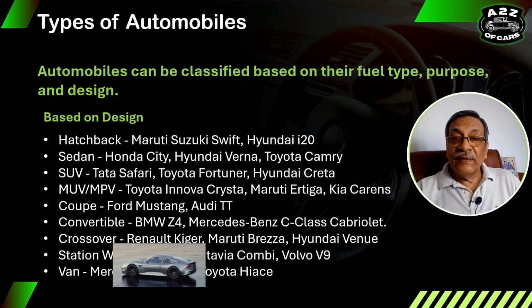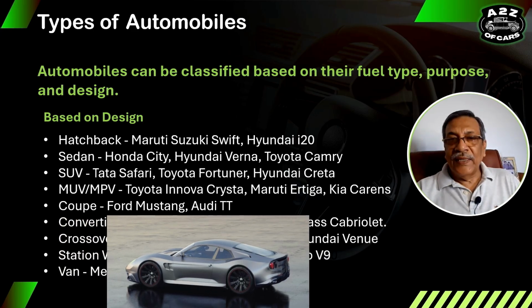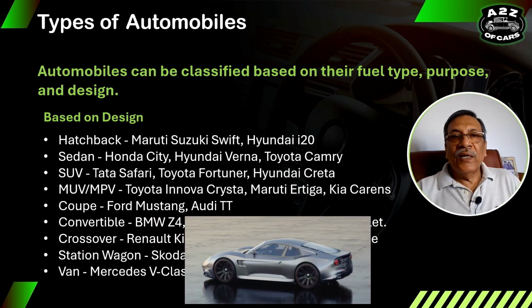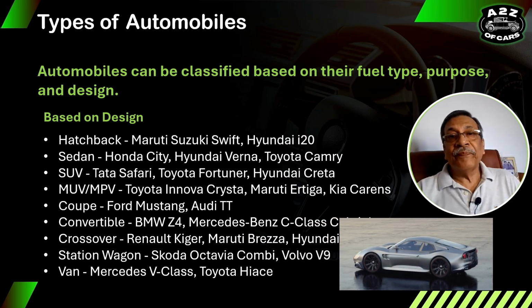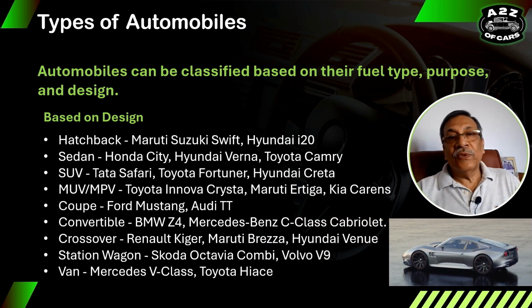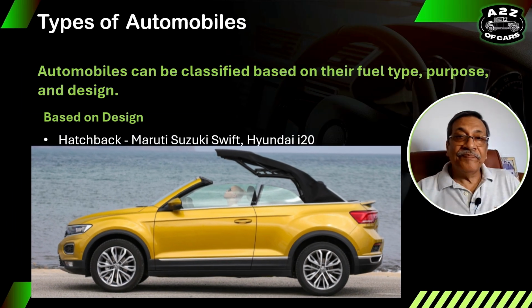Then we have coupe. Coupe is generally a two-door car, may have two seats or may have four seats also, but basically a two-door car. Ford Mustang, Audi TT, these are examples of coupe. Then we have convertibles.